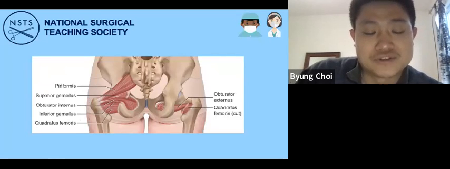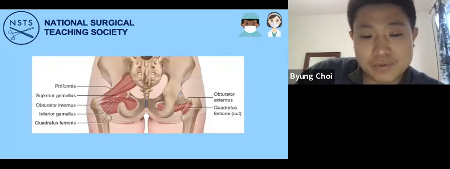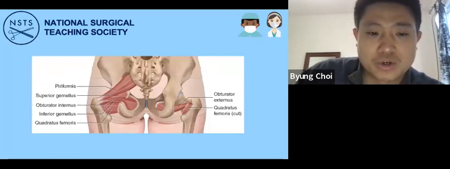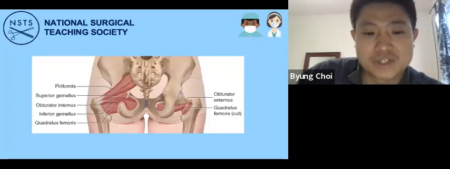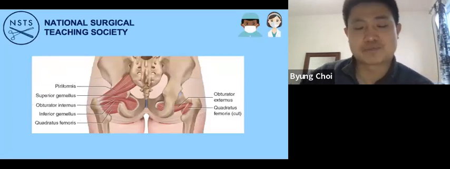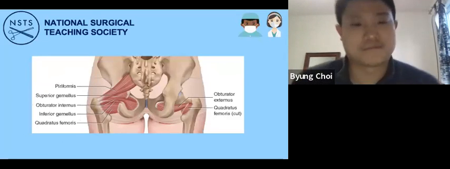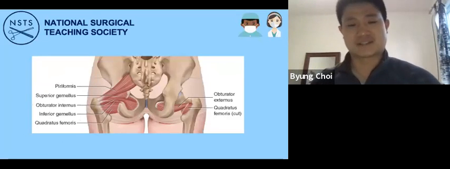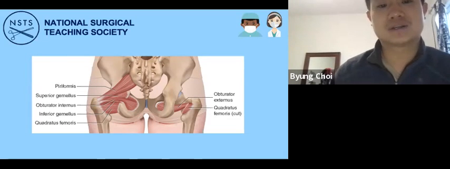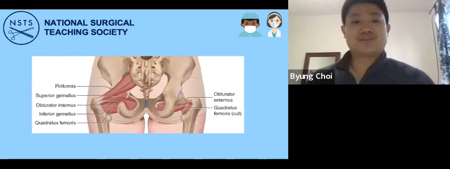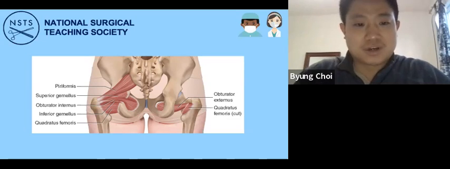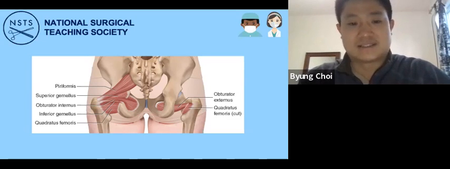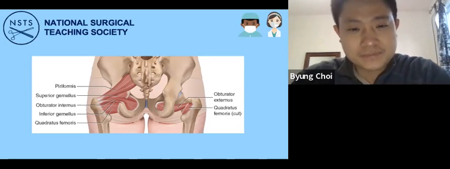And during a posterolateral approach to the hip, which is probably one of the more common approaches, you will be dividing these short external rotators. And piriformis starts at the top. I'm sure you're all familiar with piriformis because it's an important anatomical landmark. And then you've got superior gemellus, obturator internus, inferior gemellus, quadratus femoris sitting tightly together in that order.